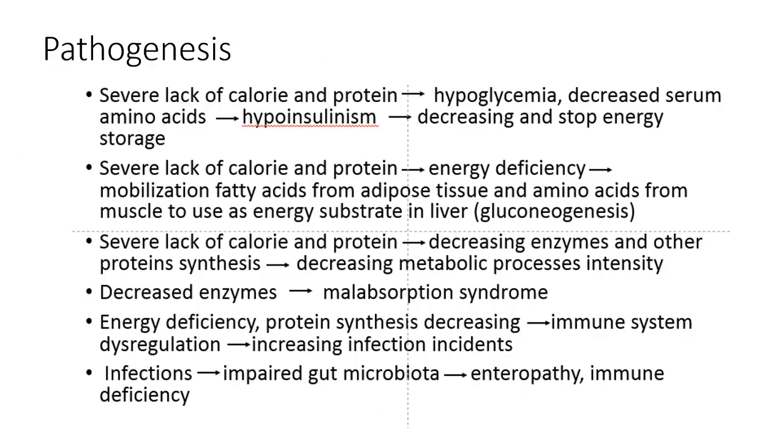Pathogenesis. When we have a patient with inadequate calorie intake, the organism starts to have energy deficiency, and the main energy substrate is glucose. So hypoglycemia leads to the activation of compensation processes, and in case of activation of these processes we can see low insulin secretion.